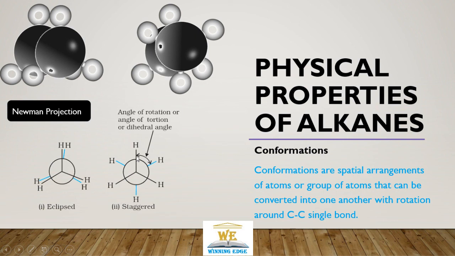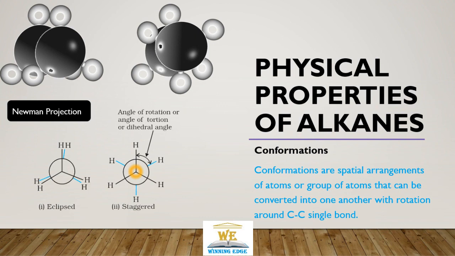In the case of multiple carbon atom molecules, here it is C1, it is C2. Whichever bond we want to rotate, we will pick that up. The rest of the molecule or carbon atoms we place here. For example, let's say this is butane and I want to rotate the C2-C3 bond.